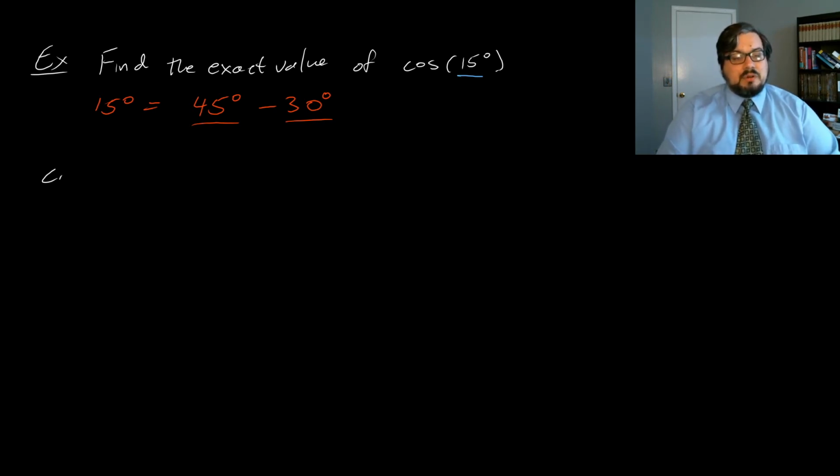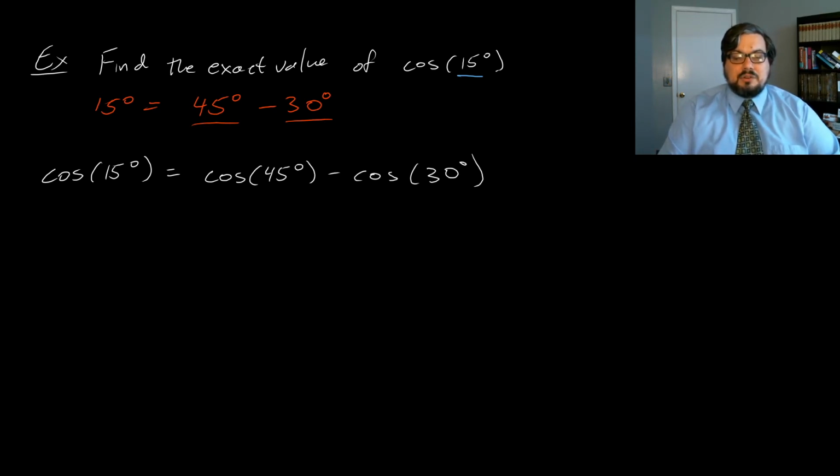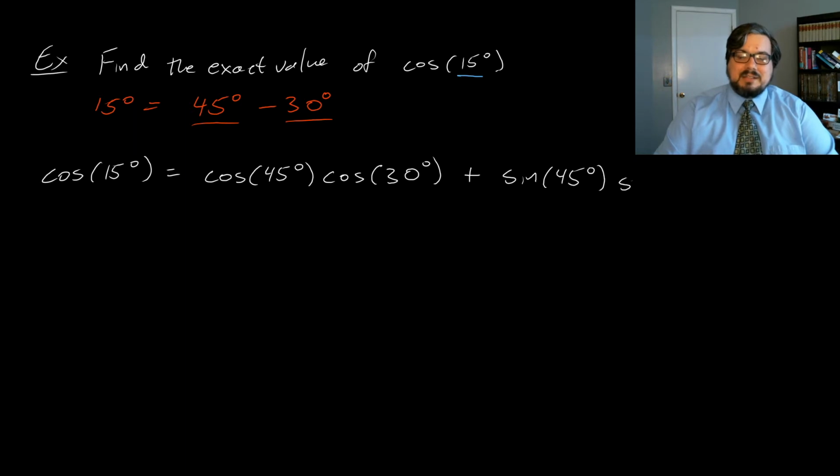So our solution would look something like this. Cosine of 15 degrees is equal to cosine of 45 degrees minus 30 degrees.